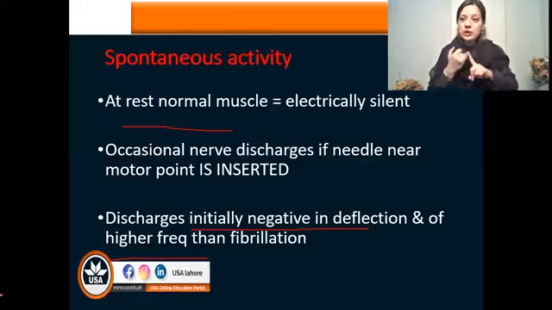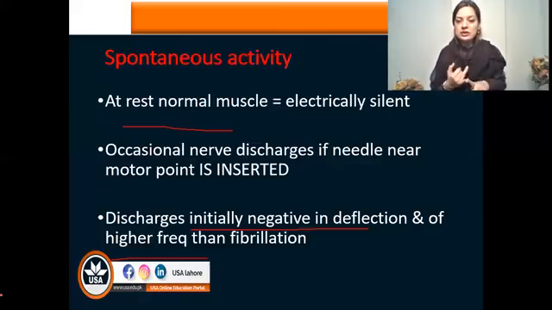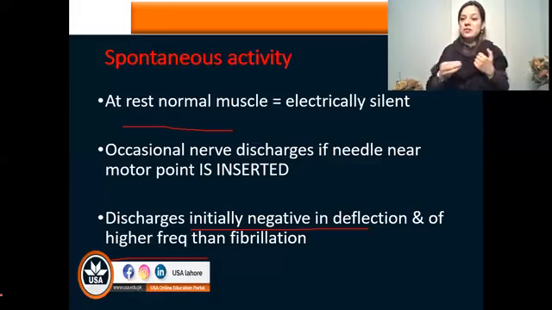Again, a normal muscle in the rest state is electrically silent, but for EMG purposes, when we insert a needle in that resting muscle, it shows some discharge, initially negative in deflection and of higher frequency.